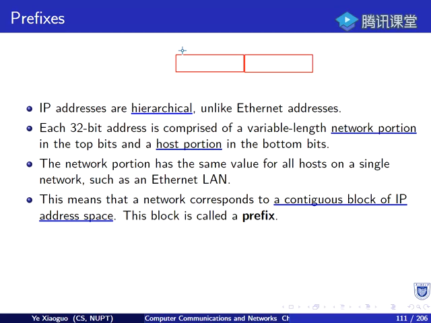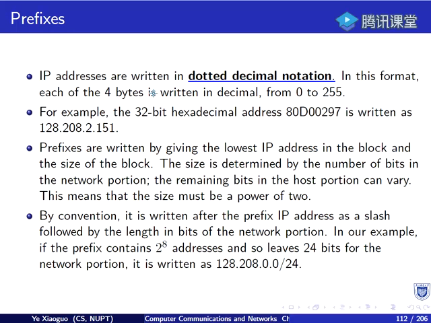So, what is the meaning of prefix? It is a concept in the internet. It means a contiguous block of IP addresses usually belonging to a single network, such as an Ethernet LAN or a physical network. IP addresses are written in dotted decimal notation. In this format, each of the 4 bytes is written in decimal from 0 to 255.